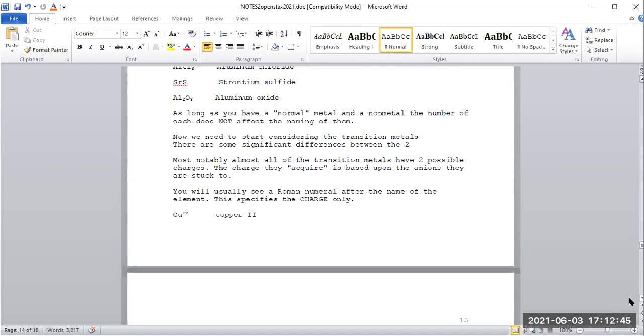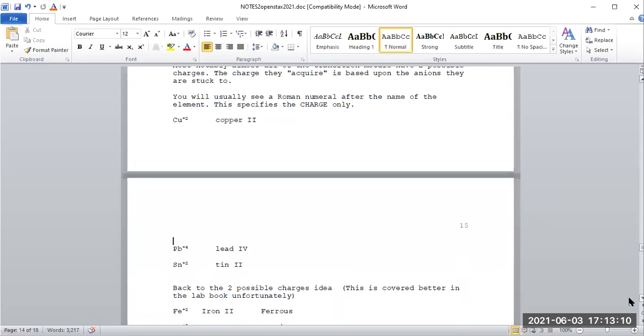You have to look at a full molecule if you are not told what the charge is. They're all positive, but they are somewhat fickle.